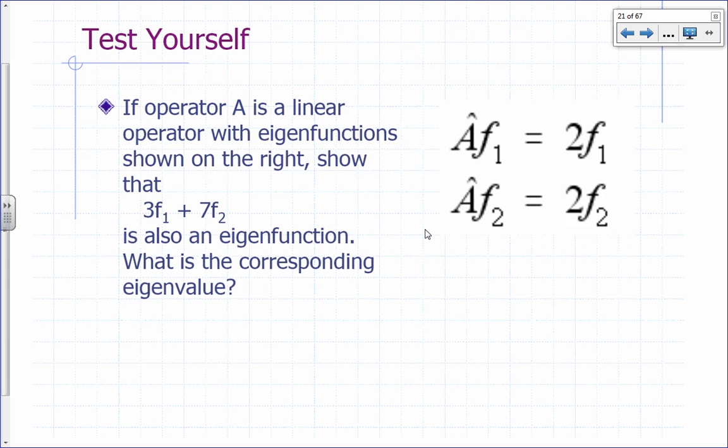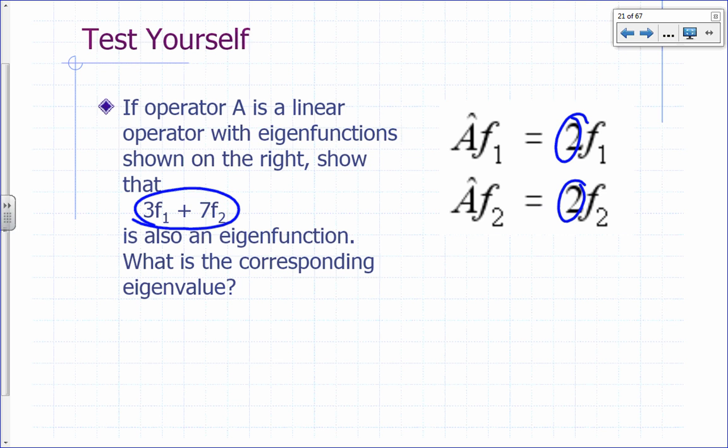All right. If operator A is a linear operator with eigenfunctions shown on the right, A hat F1 equals 2 F1, A hat F2 equals 2 F2. So what do we notice here? They have the same eigenvalue. So F1 and F2 are degenerate. You can show that 3F1 plus 7F2 is an eigenfunction.